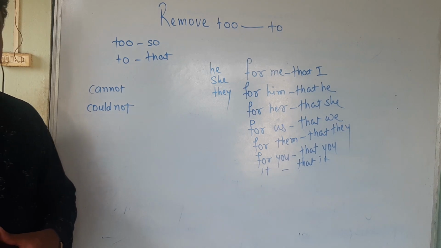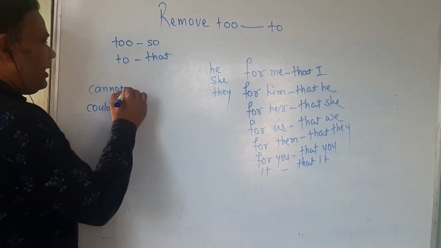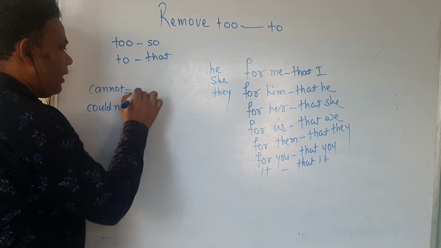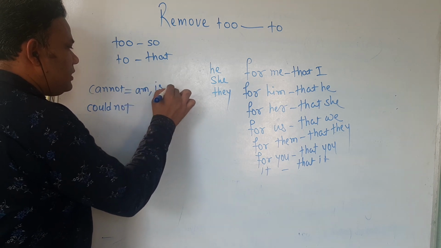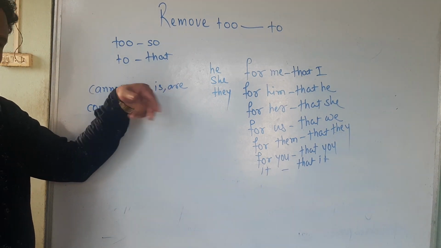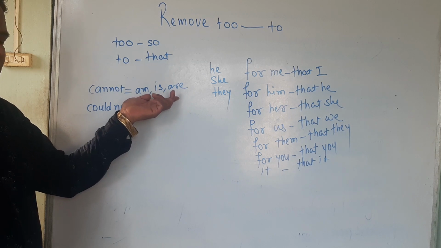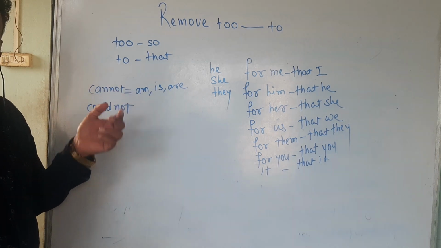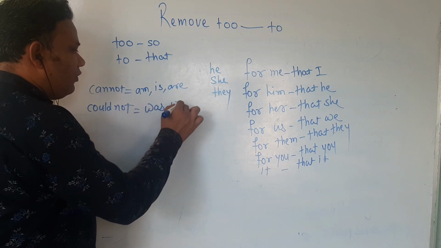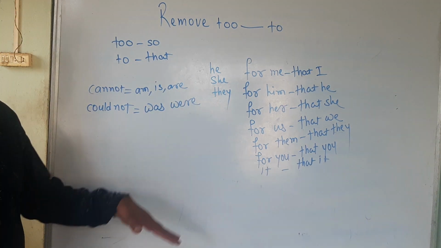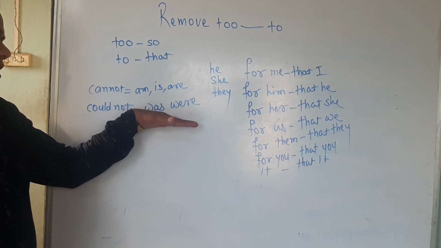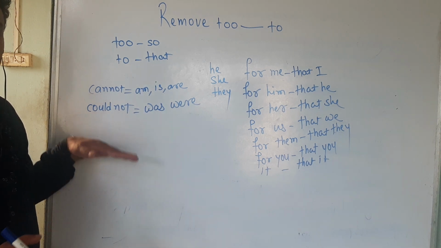If the sentence is of present tense, we will find one of these verbs in the sentence: am, is, are. Obviously that sentence belongs to the present tense, and then we have to use cannot. If was or were is there, that means the sentence belongs to the past tense, and then we have to use could not.